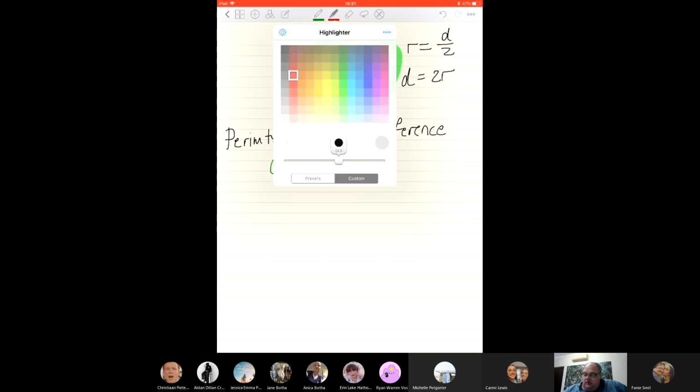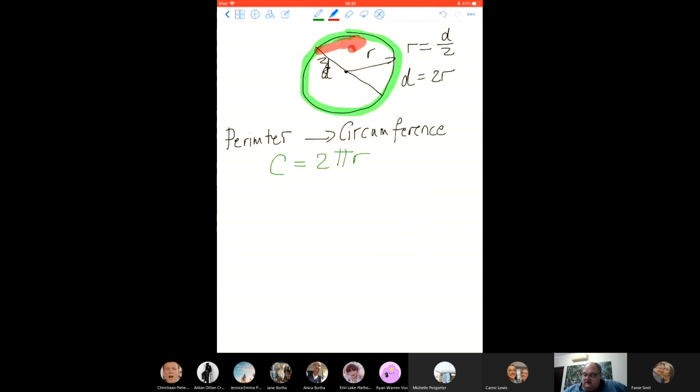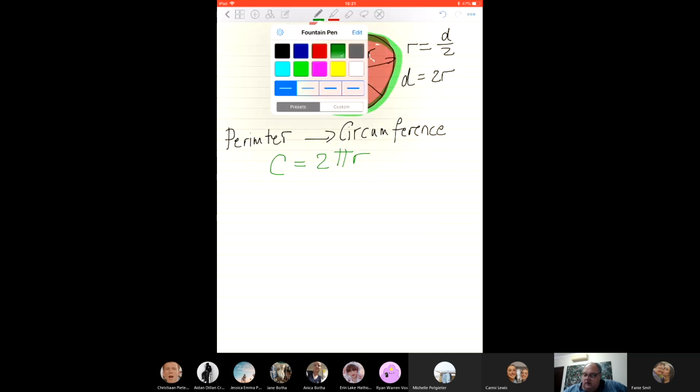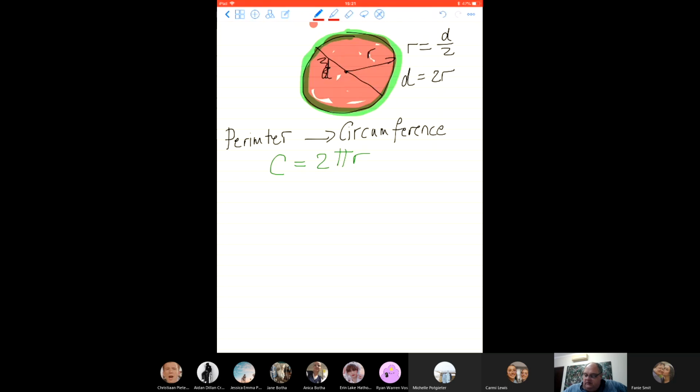Okay, your area is everything inside. In other words, if I take a paintbrush and I go and paint this circle, then that's my area. So my area is going to be pi times radius squared. There's a difference between these two.